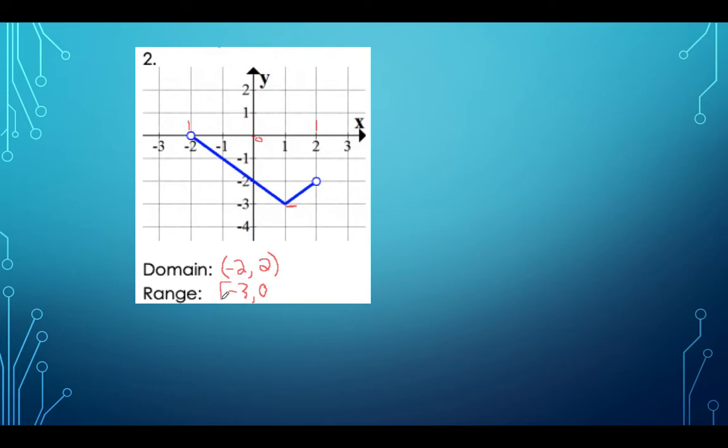So we're going to signify that with a square bracket. But then the highest it goes is 0. But can it be at 0? No, because there are open dots on that line at 0. So we have to have a curved parenthesis there. Okay, and that would be the domain and range for that graph.